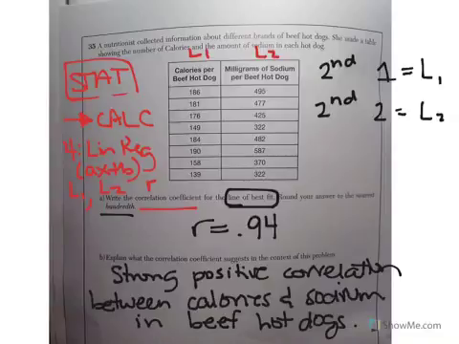So the reason I know it's strong is because it's close to 1. It's positive because it's a positive value. And that's how we know that it's a strong positive correlation.